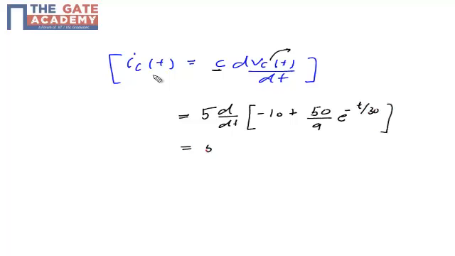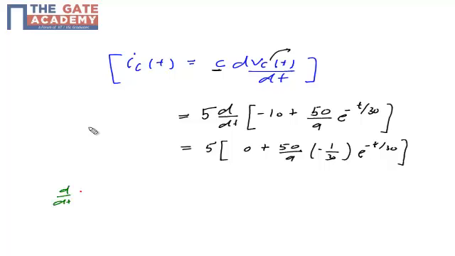Let's differentiate this equation. We know that the differentiation of the constant is 0. Then 50 by 9 e raised to minus t by 30 gives minus 1 by 30 times e raised to minus t by 30. We know that d by dt of e raised to minus a t is minus a times e raised to minus a t, so the same property has been applied here.